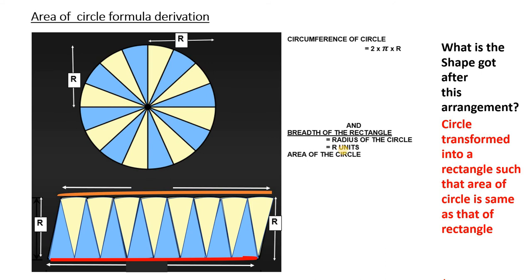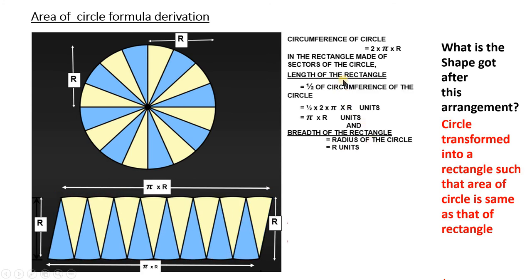Therefore the length of the rectangle formed by the sectors of the circle should be equal to half of the circumference of the circle. The circumference of the circle is 2 pi r. Therefore half of 2 pi r is equal to pi r units. So the length of the rectangle is pi into r, and the breadth is r.